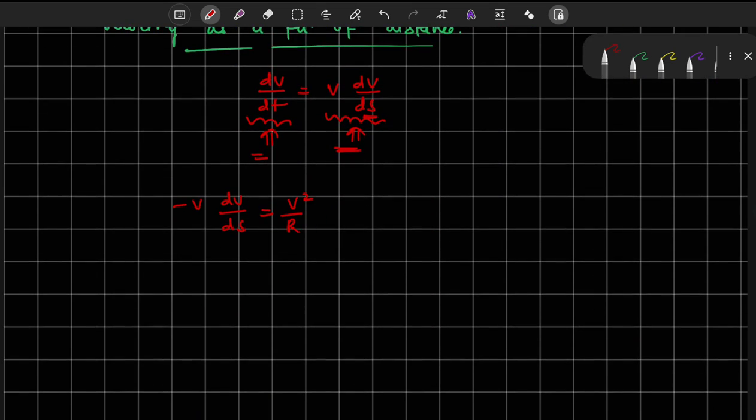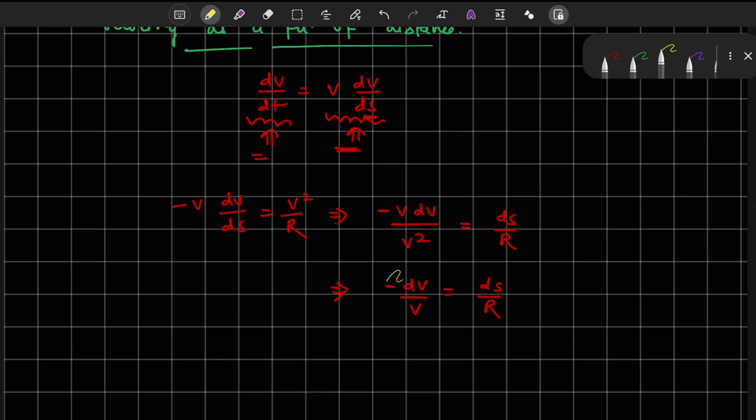So from here we will get minus v dv whole divided by v square is equal to ds upon r. So from here we can write minus dv upon v is equal to ds upon r.